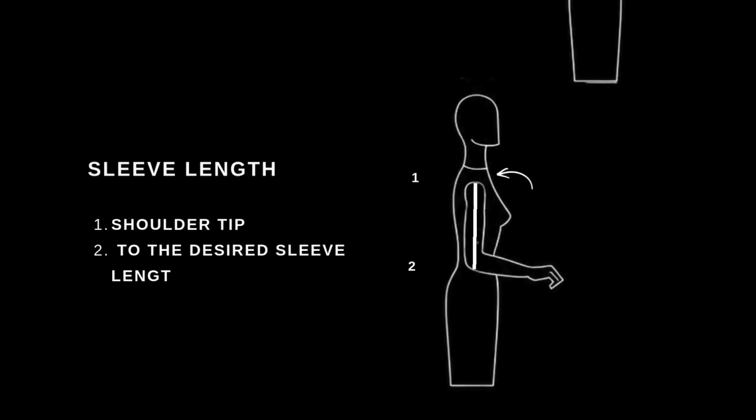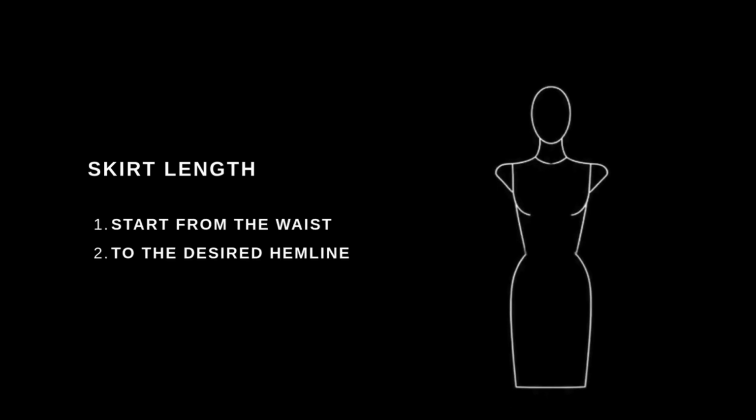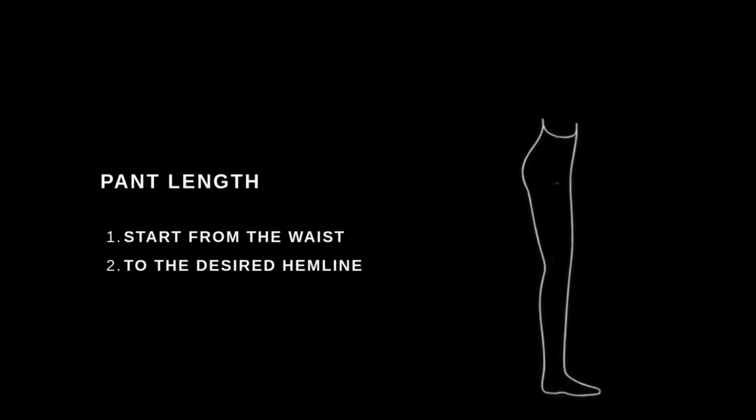And if we look into the lower torso vertical measurements, we have skirt length, where the measurement starts from the waist and you can take it up to the hemline. The hemline again varies according to your design. Next, we have pant length. Again, this measurement starts from the waistline where your garment stays until the hemline according to your design.